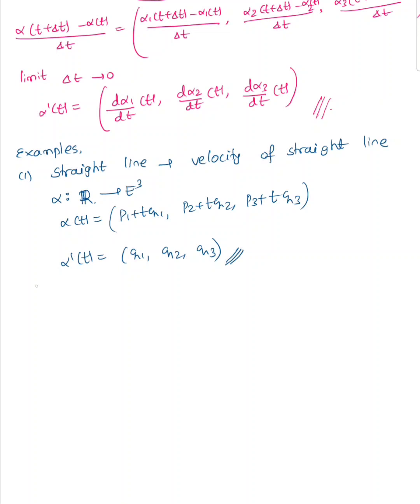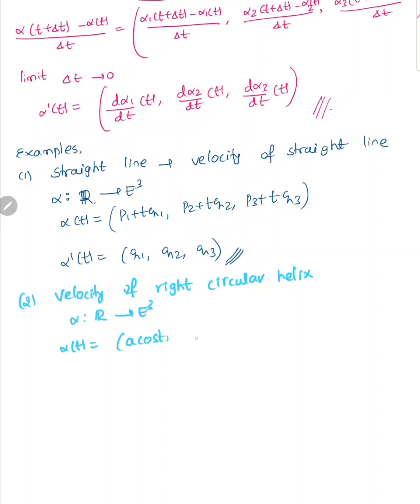Now we will see the second example, the velocity of the right circular helix. As we know, the equation for the right circular helix is a function from R to E3 such that alpha of t is equal to a cos t, a sin t, bt, such that a is greater than 0 and b is not equal to 0.